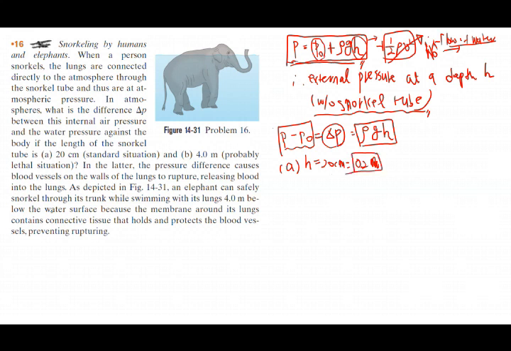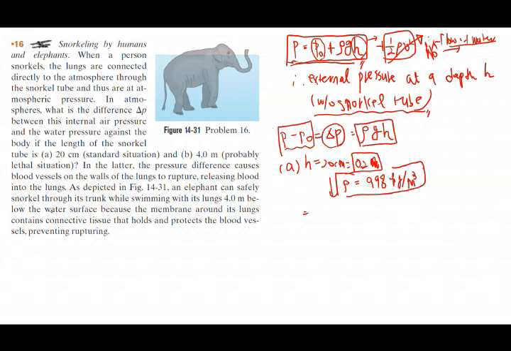And the density, in this case, is normally 1,000, or sometimes they use 998, pretty close to 1,000 kilograms per cubic meter. I'm just using this number to plug into the formula.